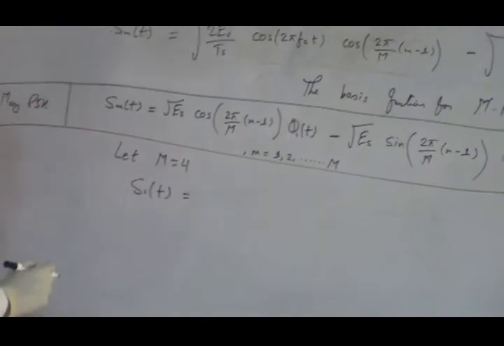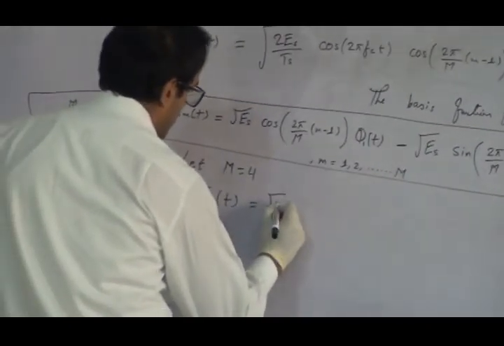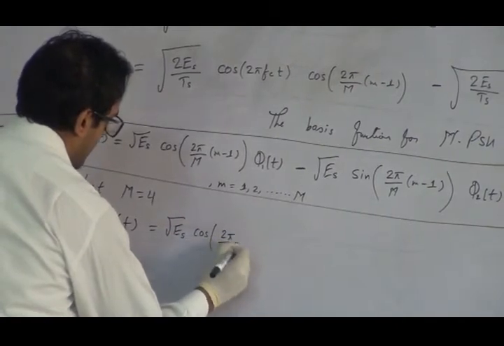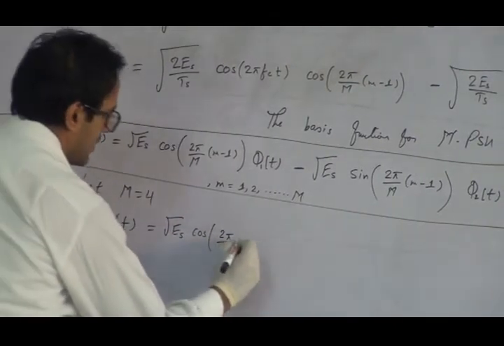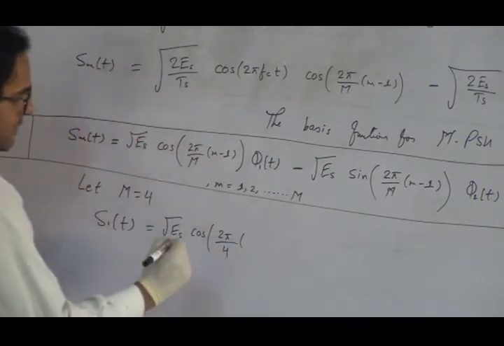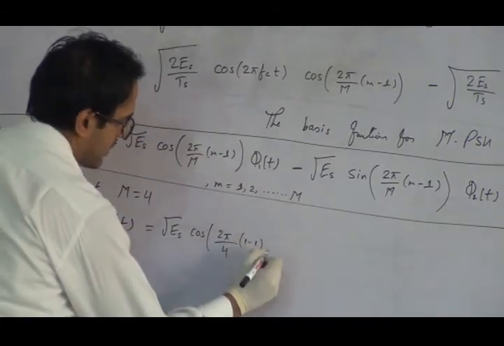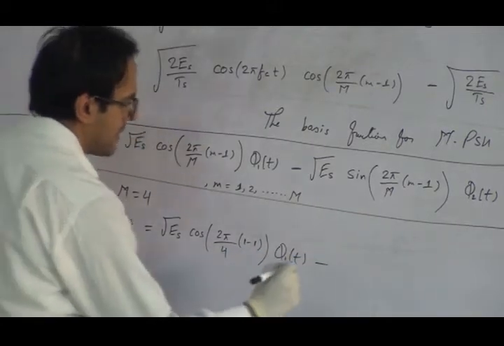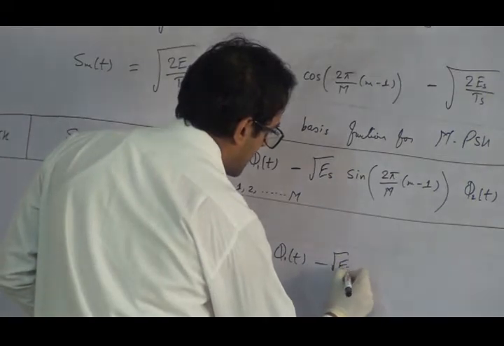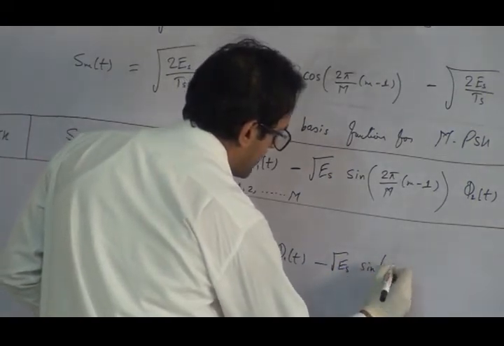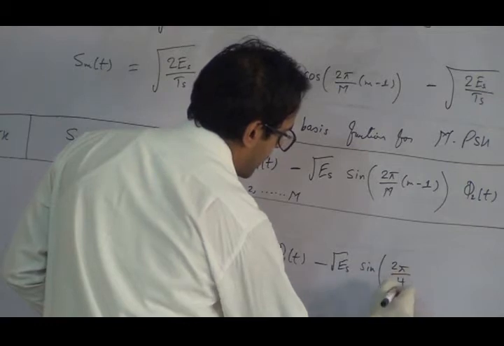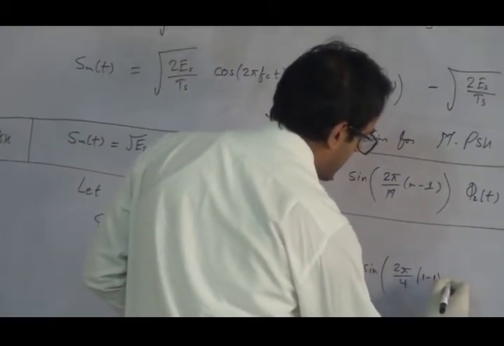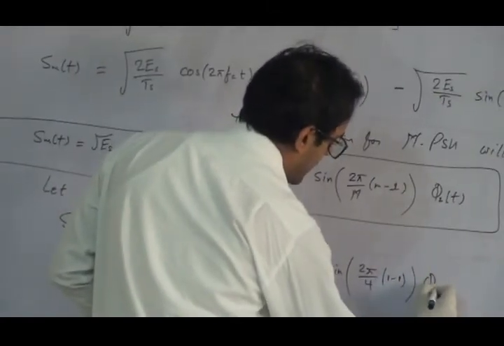S1 of t will be under root Es cos of 2 pi by 4, small m is substituted as 1, which is 1 minus 1, phi 1 of t minus, phi 2 of t.